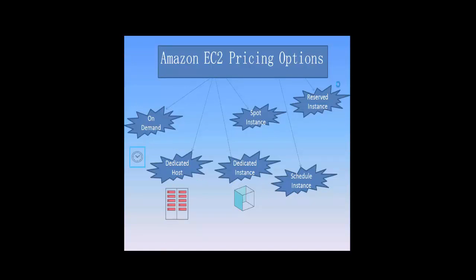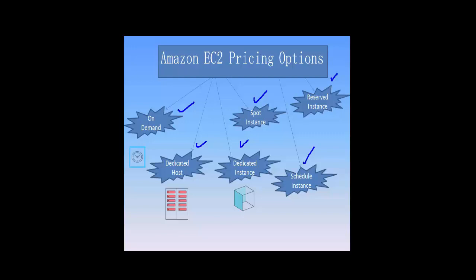There are mainly 6 pricing options in total: on demand, dedicated host, dedicated instance, spot instance, schedule, and reserve instance.